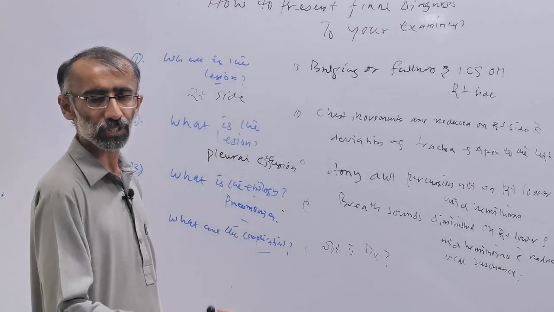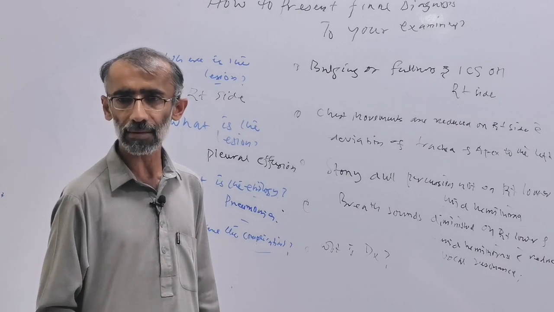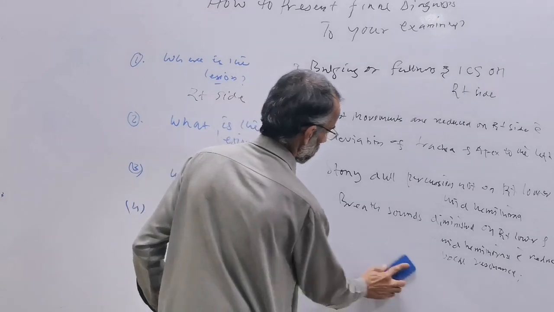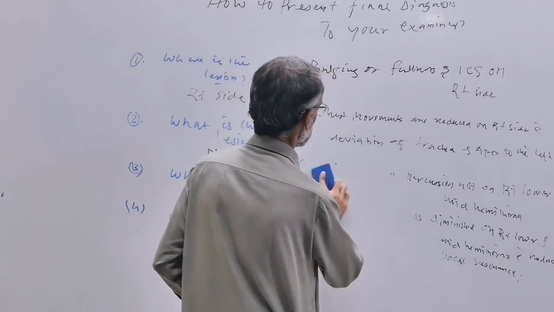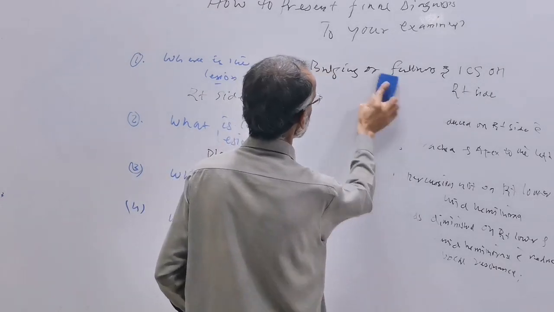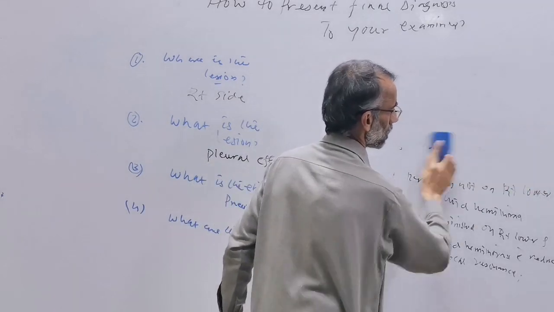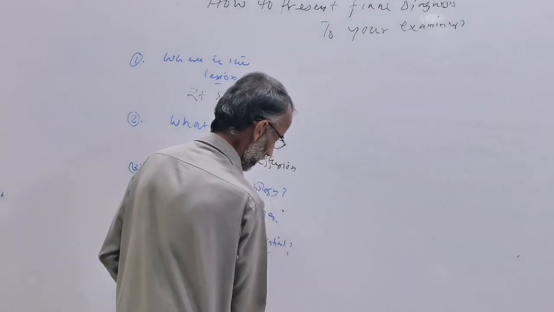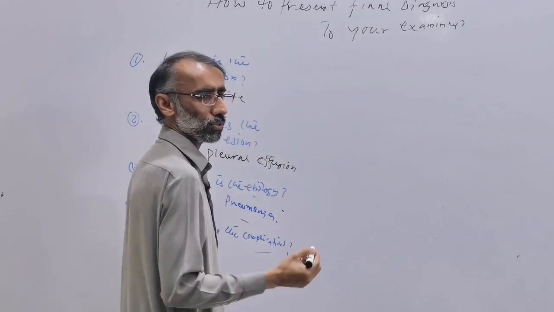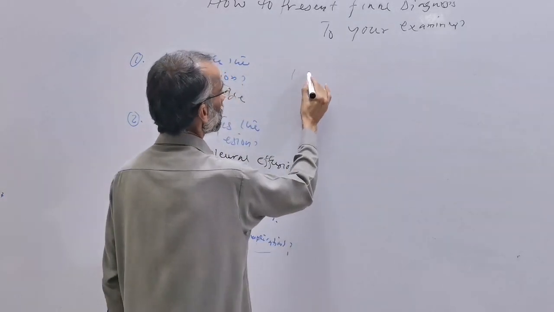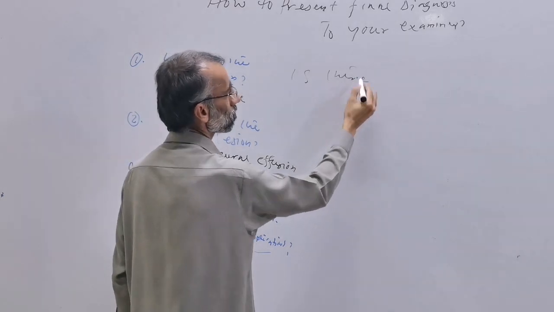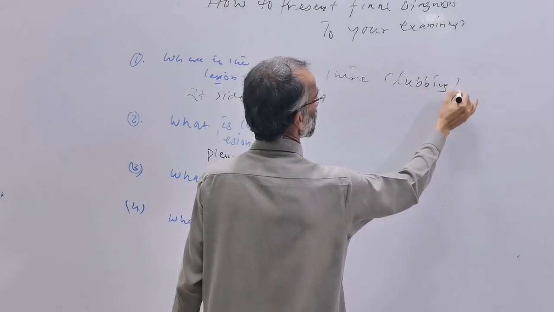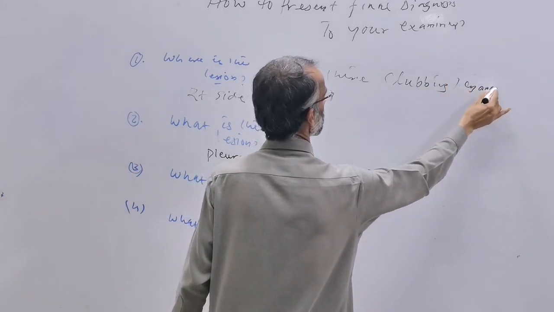Then you have to proceed for relevant examination. For example, in this case, you have to search: is there clubbing or cyanosis?